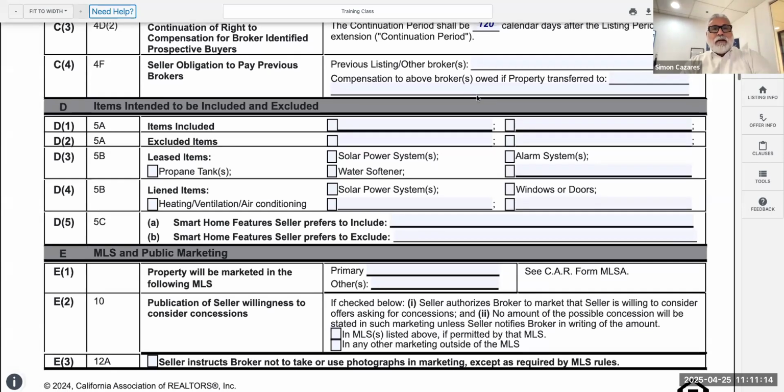Seller obligation to pay previous broker. Okay, so when you're on a listing appointment, let's just say that this is an expired listing, right? And this is the safe buffer for the seller. Because we talk about the continuance right of compensation, but then Section C.4 really reinforces that. It says to the agent, hey, I'm willing to give you the opportunity to sell my home, but here's what I want to put as a stipulation.